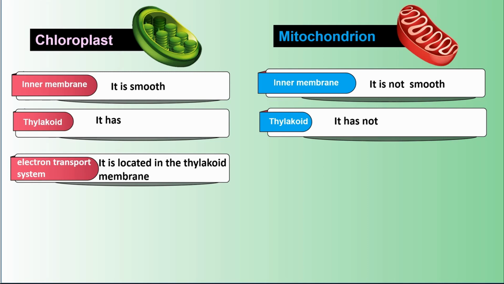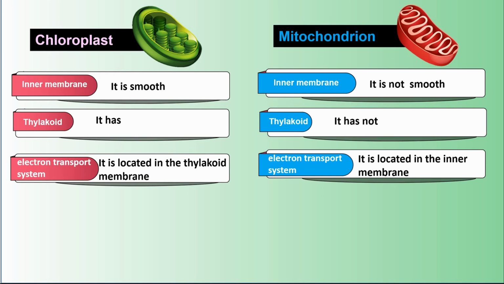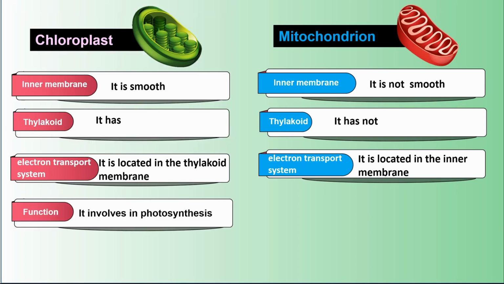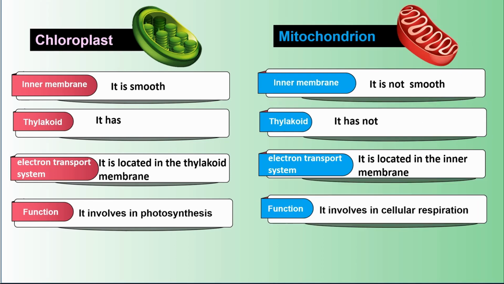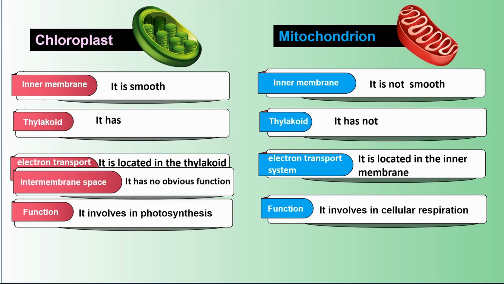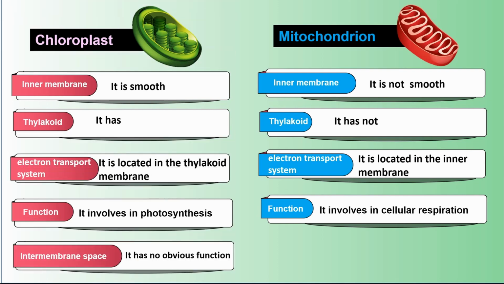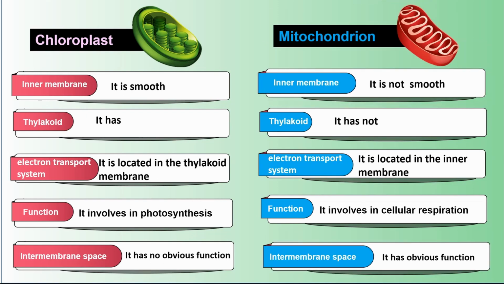Electron transport system of chloroplast is located in the thylakoid membrane, but electron transport system of mitochondrion is located in the inner membrane. Chloroplast is involved in photosynthesis, but mitochondrion is involved in cellular respiration. And intermembrane space of chloroplast has no obvious function, but intermembrane space of mitochondrion has an obvious function.